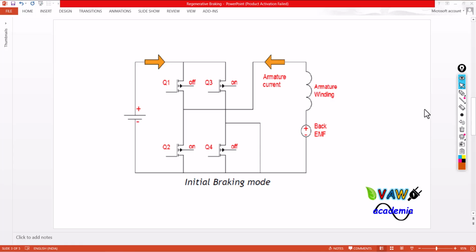Whenever the driver applies the initial stage of braking, both the battery as well as the machine will be connected in a series circuit. At this time, the switches Q1 and Q4 are going to be in off state, whereas Q3 and Q2 will be in on state.